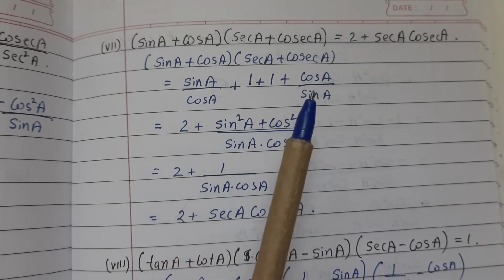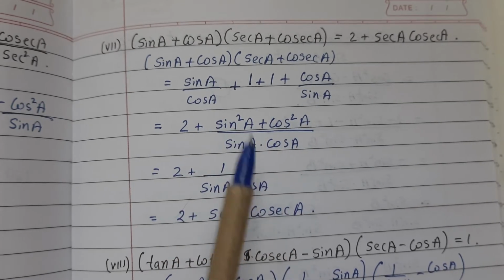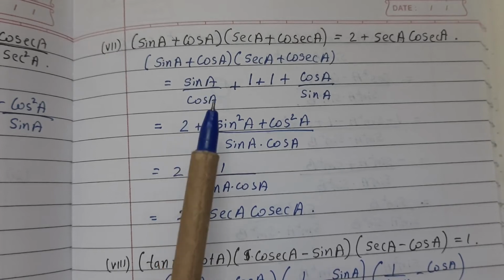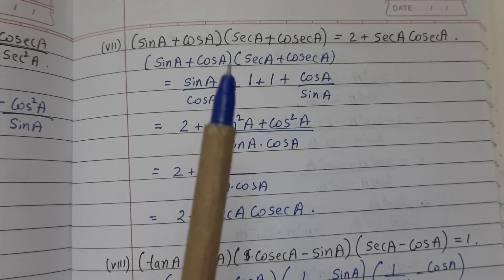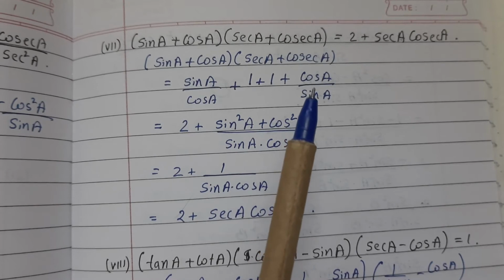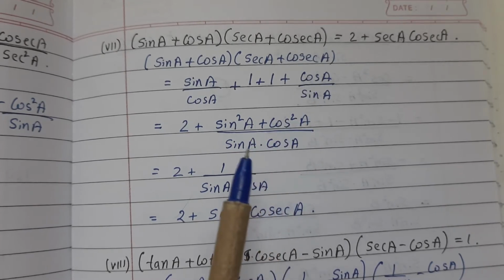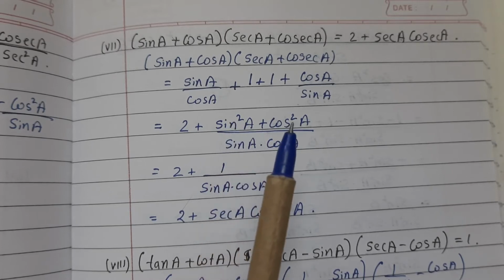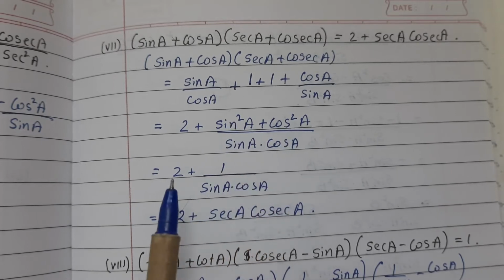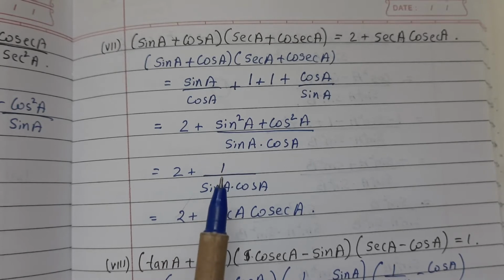LCM of these two denominators is sin A into cos A. Therefore, multiply and divide by sin A and cos A, we get sin square A plus cos square A upon sin A cos A. Sin square A plus cos square A is 1, equal to 2 plus 1 upon sin A into cos A, equal to 2 plus 1 upon sin A into cosec A, 1 upon cos A into sec A, equal to right hand side.